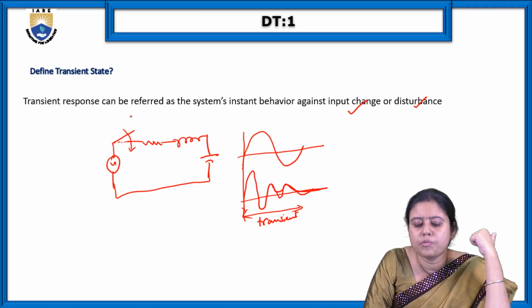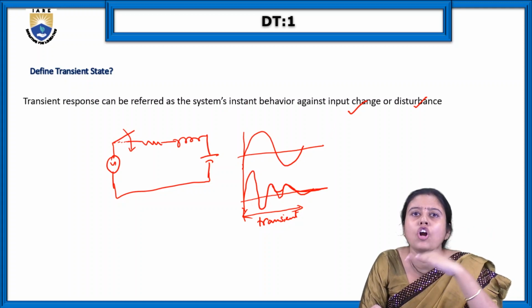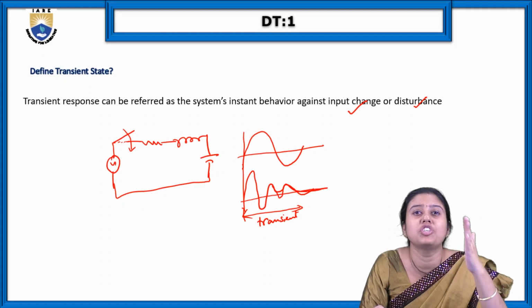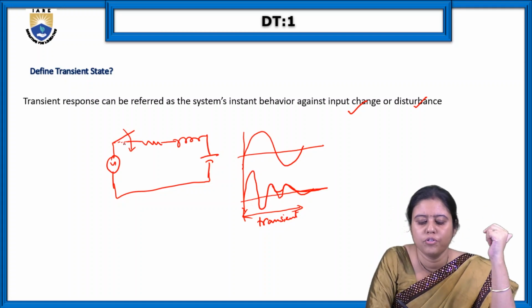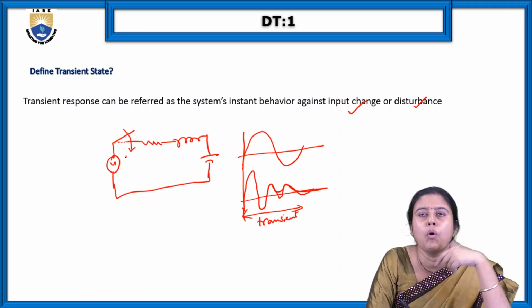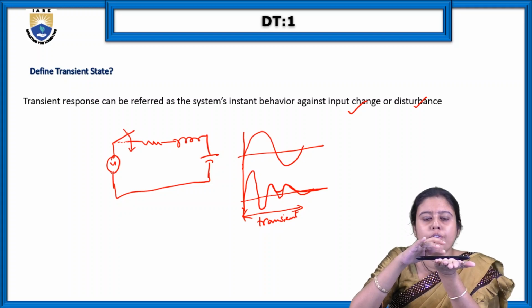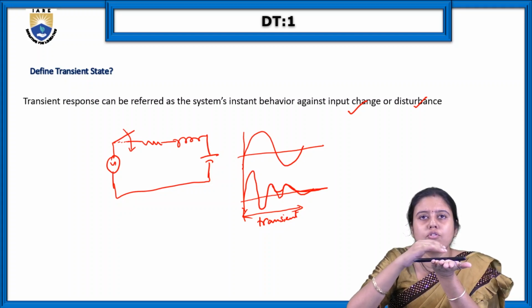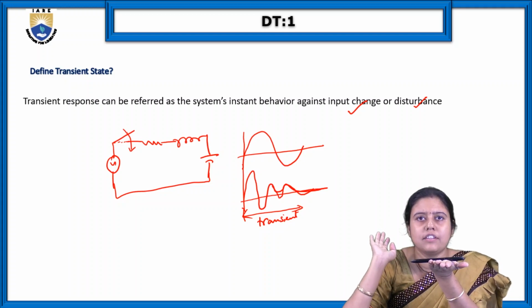So transient response can be referred to as the system's instant behavior against the input change, not just on or off. It has an input, and we are suddenly cutting the input. The switch is closed, and suddenly we open the switch. Or disturbance, as I told, say we are giving a force and it goes front and back and front and back and ultimately it stops.